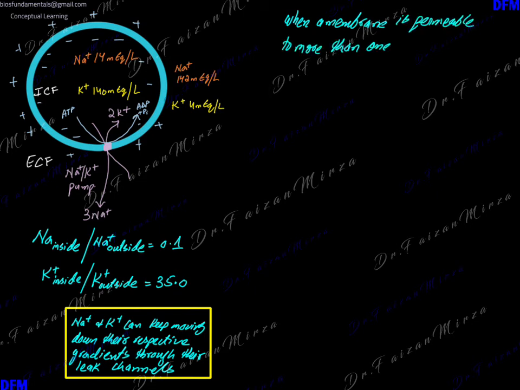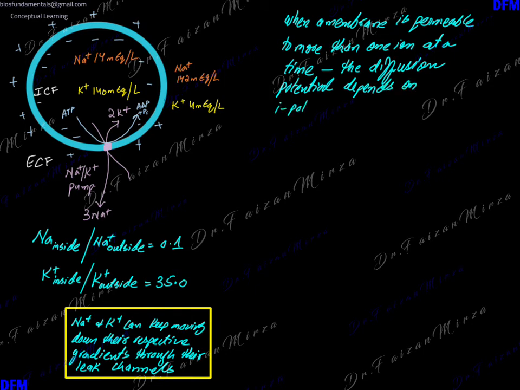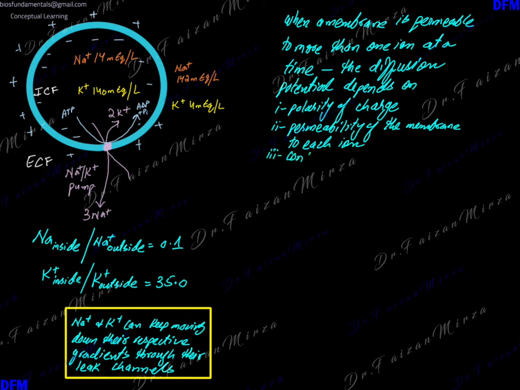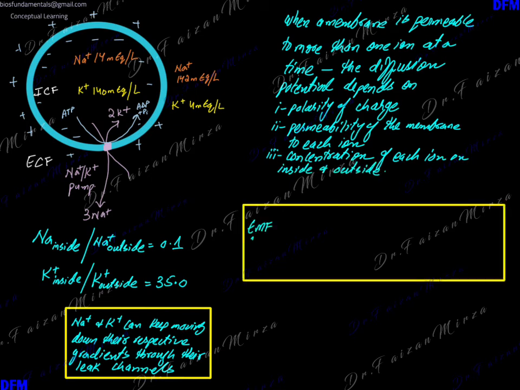Now, when a membrane is permeable to more than one ion at a time, which actually it is, at that point we say that the diffusion potential depends on the polarity of the charge, the permeability of the membrane to each ion individually, and the concentration of each ion on the inside and outside of the cell.